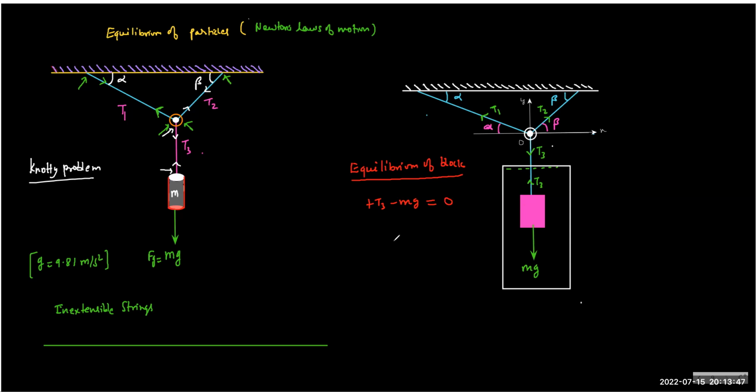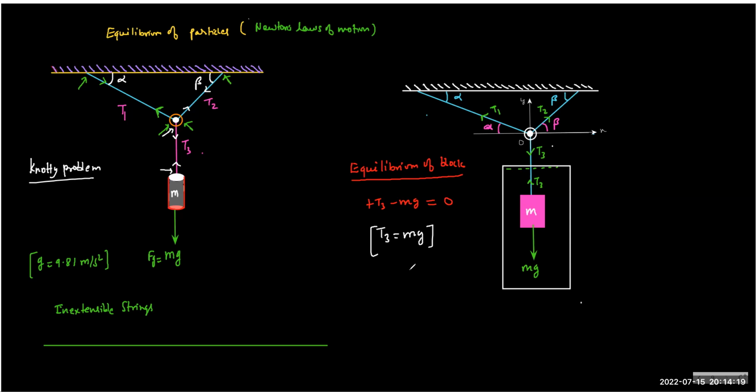I'm not writing j cap for the obvious reason. We know that the answer is in the j direction, so there is no confusion. So this will give you the answer for T3. Earlier T3 was not known to us. Now do we know T3? The answer is yes, it is m times g. Okay, guys, so far any doubt?